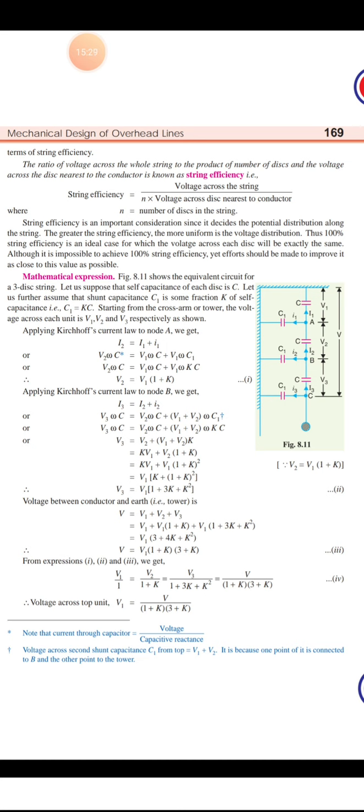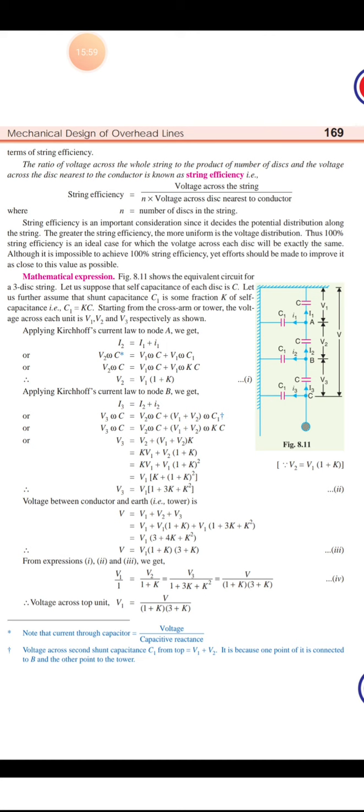Applying Kirchhoff's current law to node A, we get capital I2 is equal to capital I1 plus small i1.